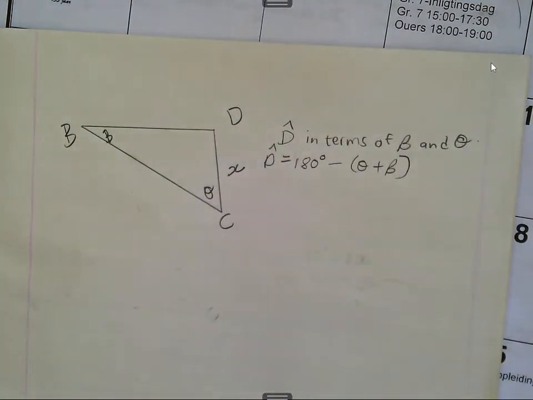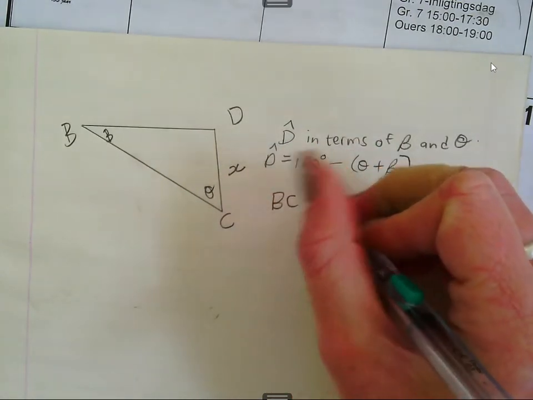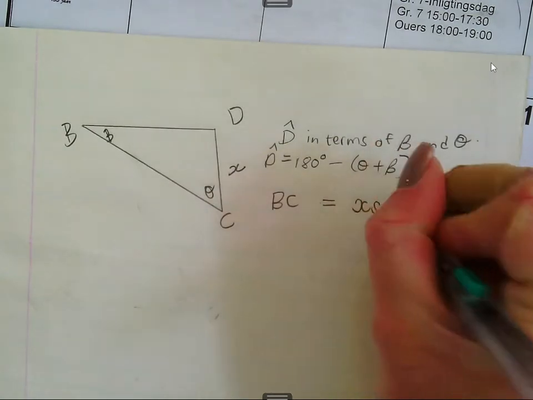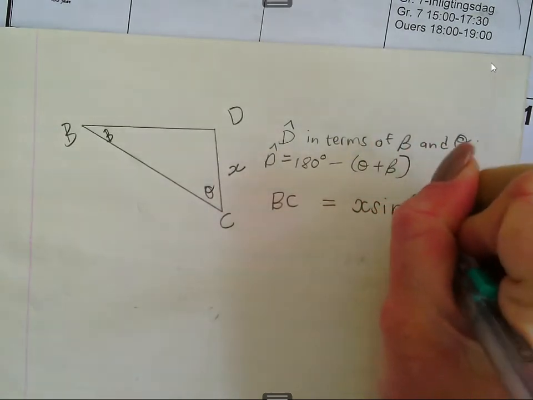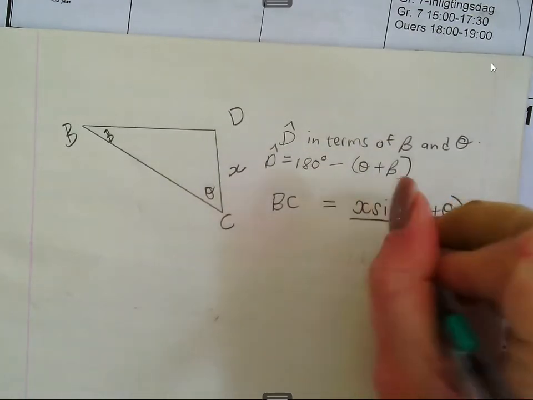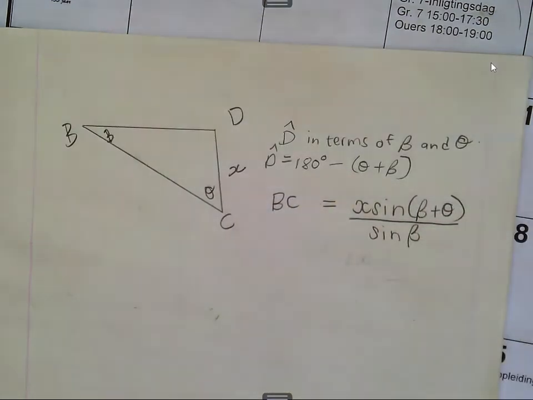Now the next question, they want BC. They want you to show that BC is equal to x sin(beta plus theta) divided by sin beta. That looks a bit scary, no?